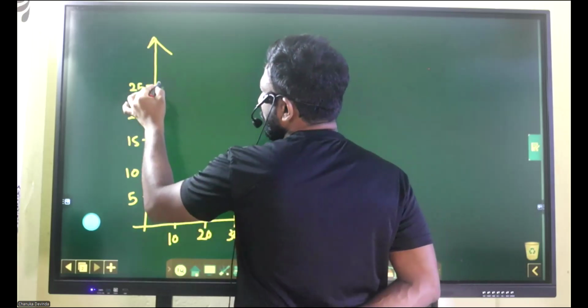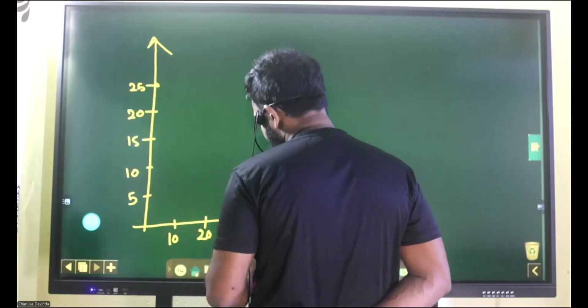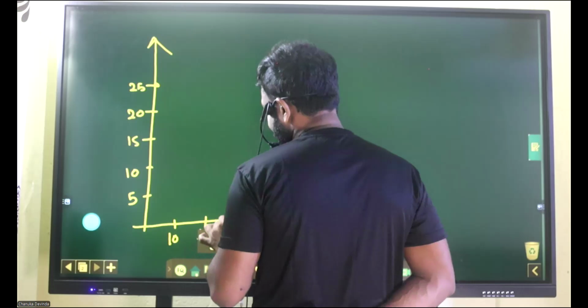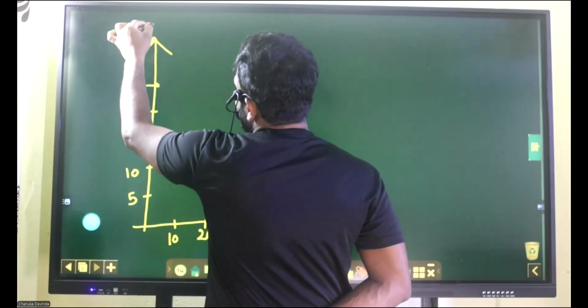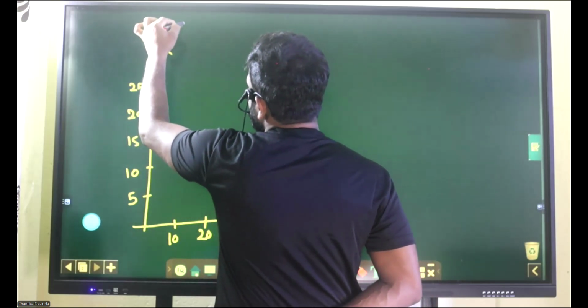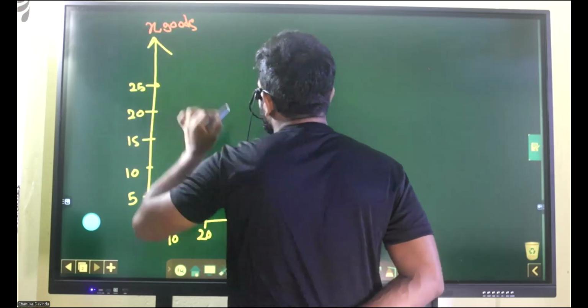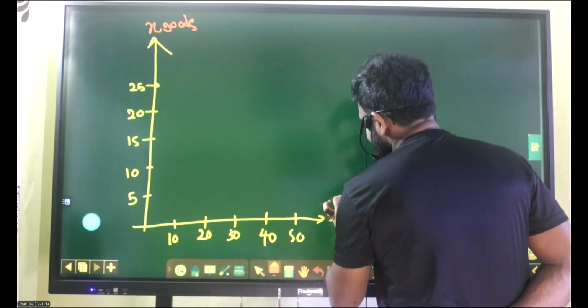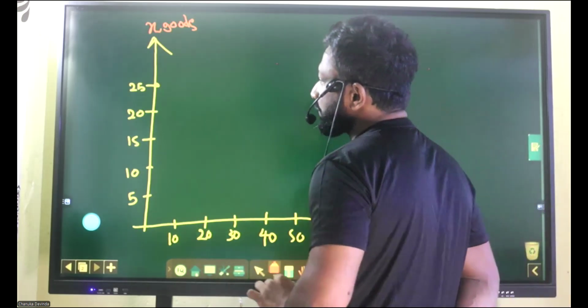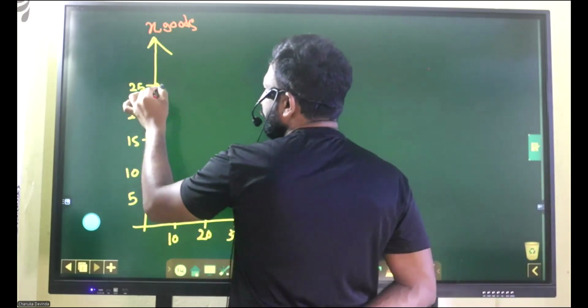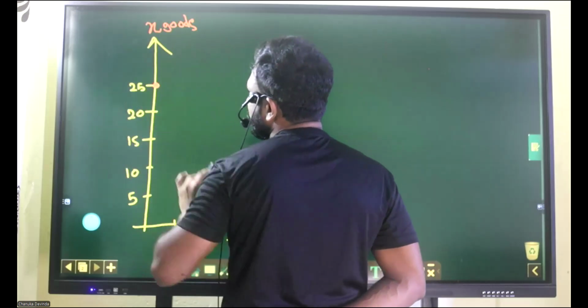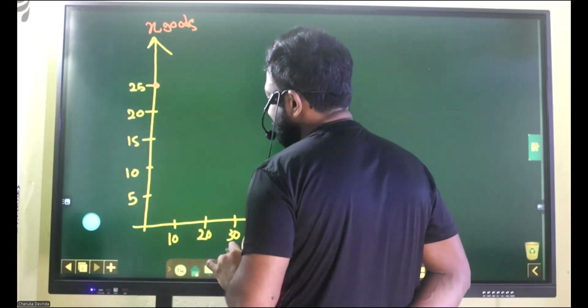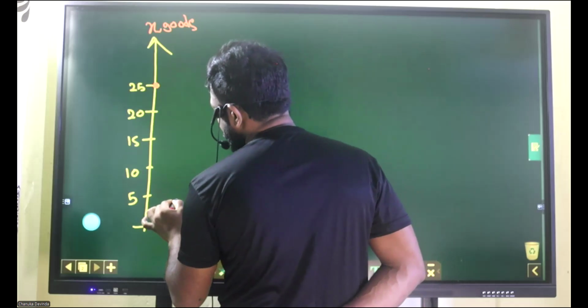So here we can depict the initial point, where X goods are here and Y goods are here. Let's say the initial point is producing 25 units of X goods with 0 units of Y goods.